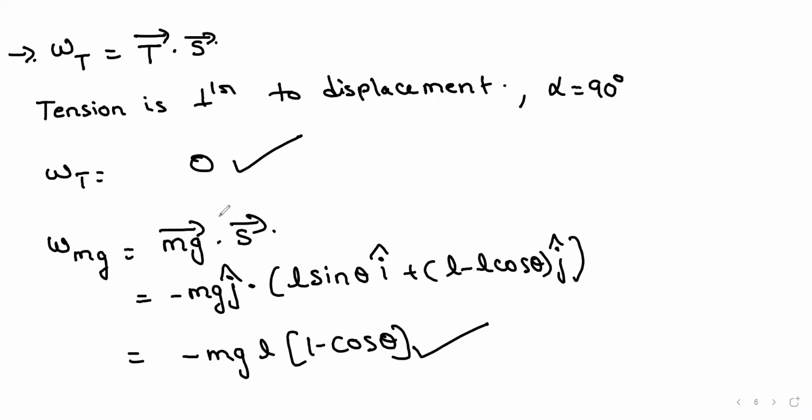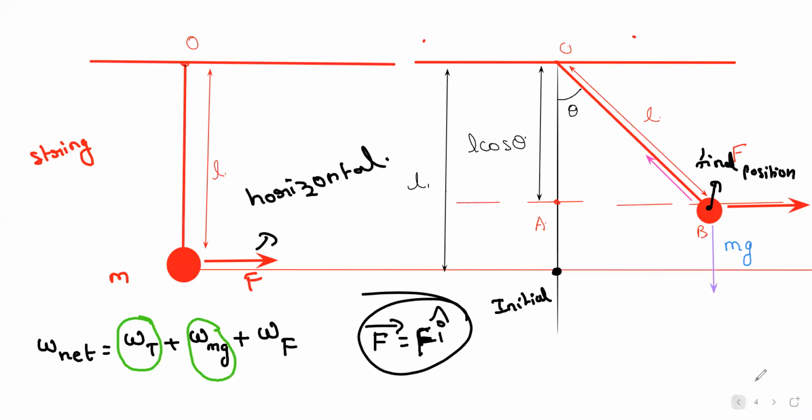Sir, please explain how the y component arrived, sir? L minus L cos theta, sir. Here, right? Yes, sir. So see, from here to here, what is the length? L, sir.